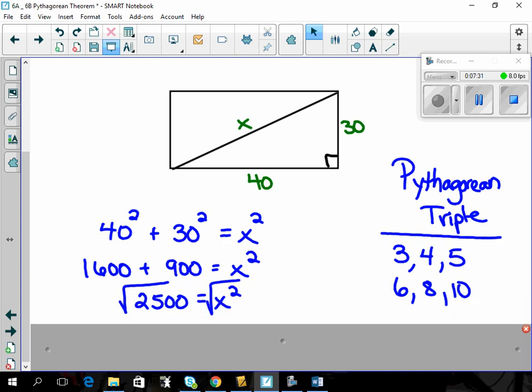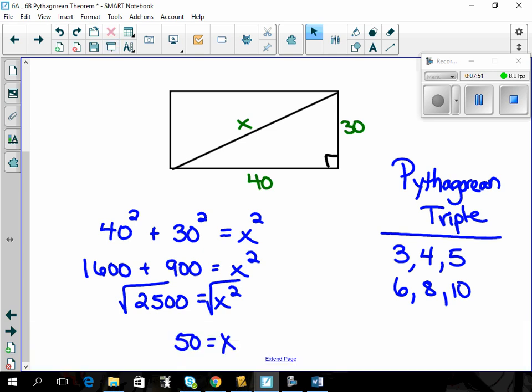So 40 squared plus 30 squared is equal to x squared. We're going to go ahead and reduce: 1600 plus 900 is equal to x squared. Combining like terms, x squared is equal to 2,500. Taking the square root of both sides, I do get that x is simply 50. So the length that Tanya runs is 50 yards.